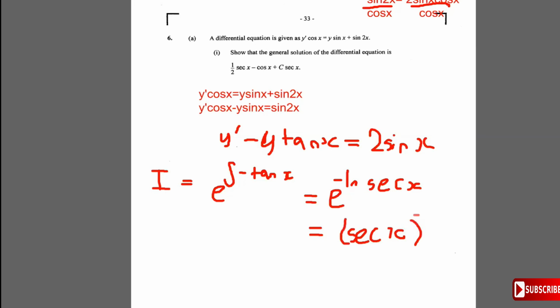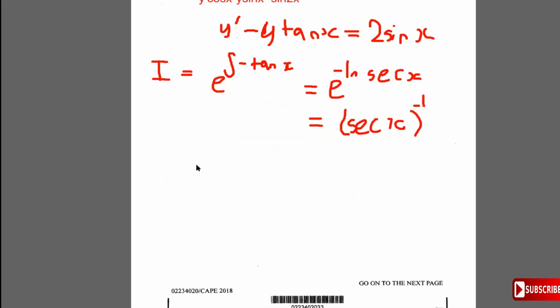And so the general solution is just going to be y times your integrating factor. So it's y times sec x to the minus 1. But sec x to the minus 1 is cos x. So I'm going to write this as y cos x then. Sec x to the minus 1 is cos x.